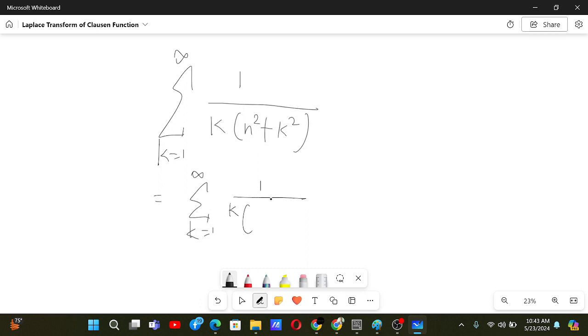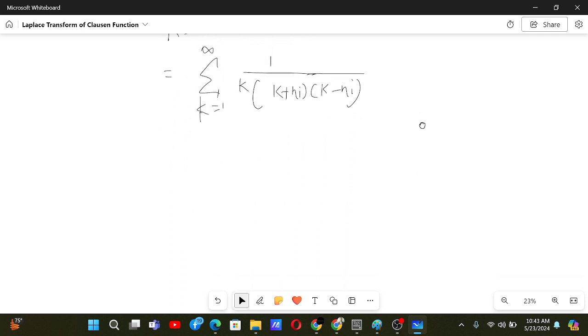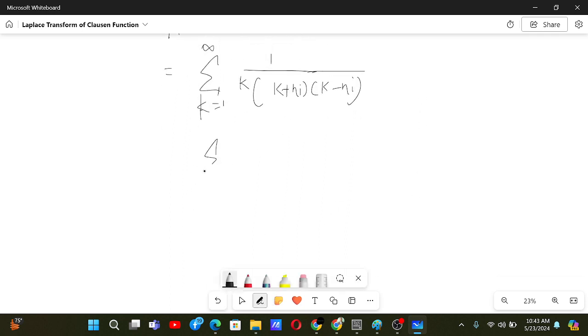We will pick k as the main variable and introduce i over here because the counter is in terms of k. So this will be (k plus ni)(k minus ni). And after this, we can break it into partial fractions.